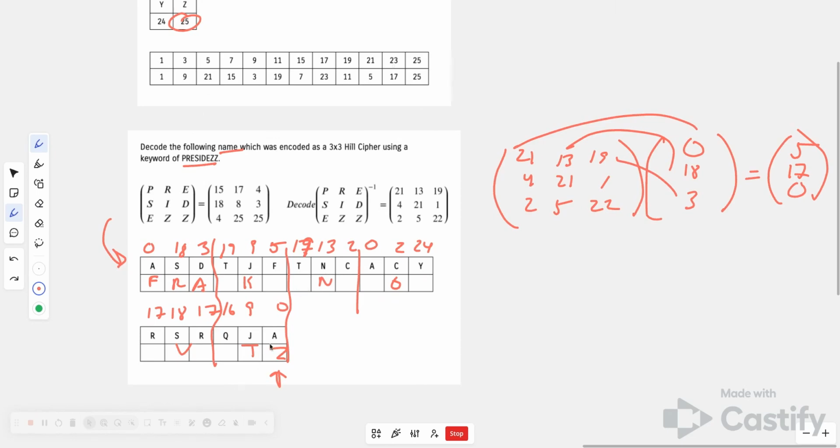So don't be thrown off if you see a Z at the end. It's often a good idea to figure out how many Z's there are at the end, so you don't guess too many letters, even though it makes sense, when it might be a Z.